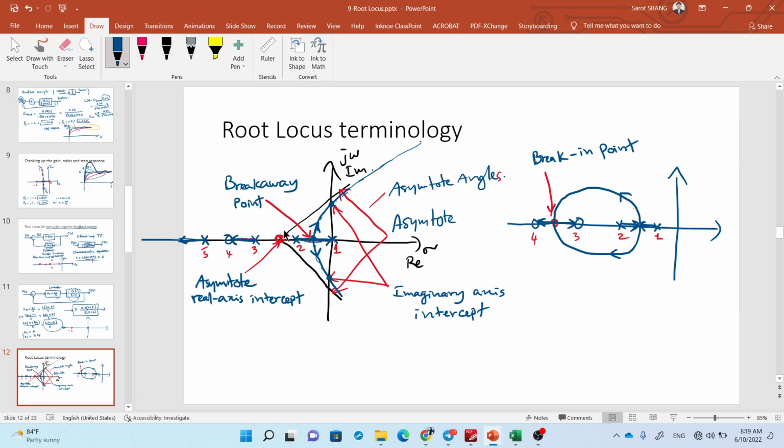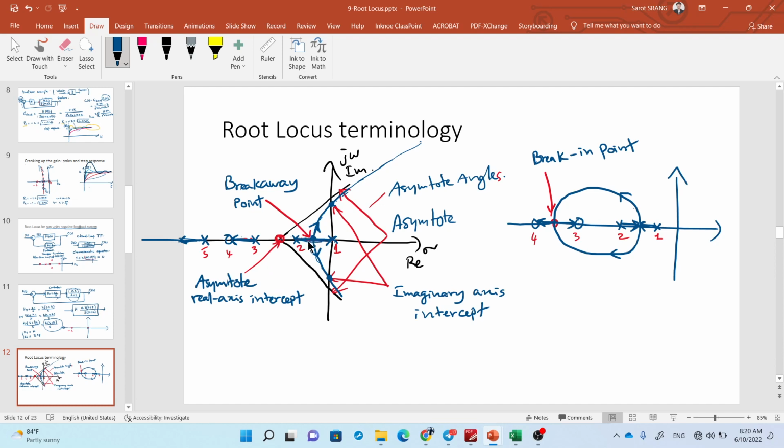And asymptote: an asymptote can be drawn, and the root locus must approach the asymptote when k approaches infinity. So this curve just approaches the asymptote like this. This one also has one asymptote this way. An asymptote can be defined by the asymptote real axis intercept and the asymptote angle.